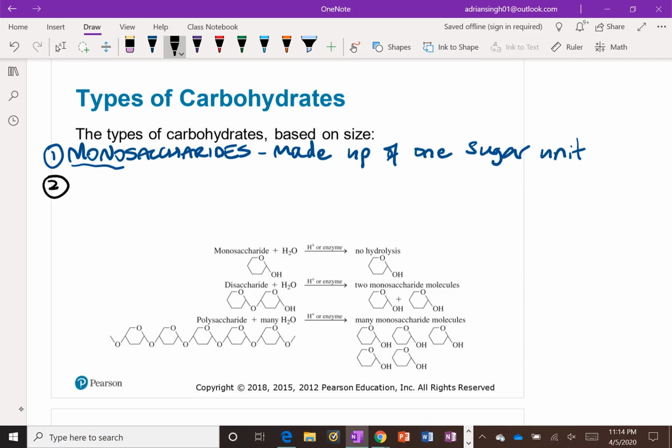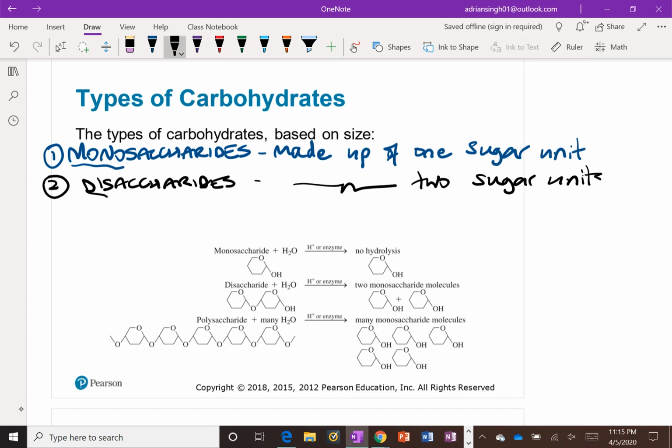We also have disaccharides. These are going to be made up of two sugar units bonded together, which means that if we have a disaccharide, we can break it down into two individual sugar units.